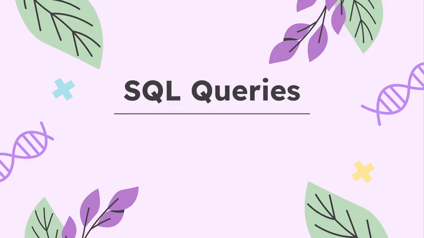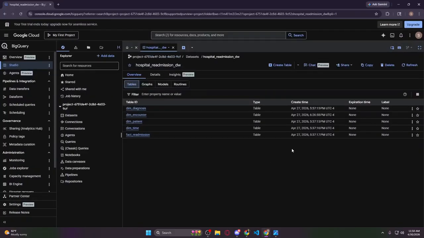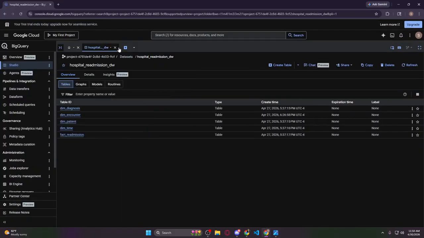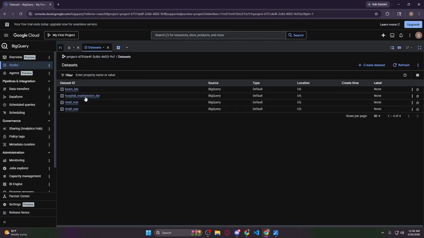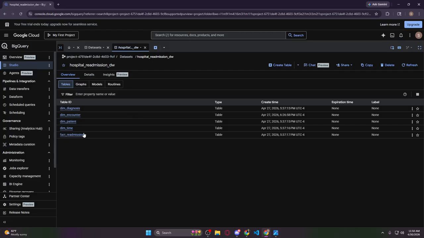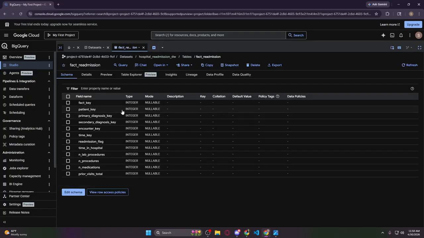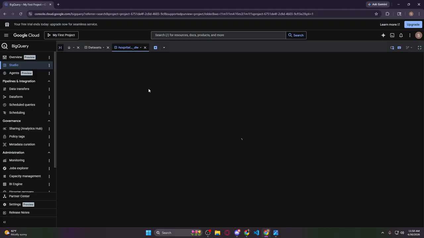So now we get into our SQL queries that we did in BigQuery. So this is my BigQuery. We made our hospital readmission data warehouse. Then within it, we have our fact_readmission and our different dim tables. This is our readmission table and all the features that were listed in the star schema.